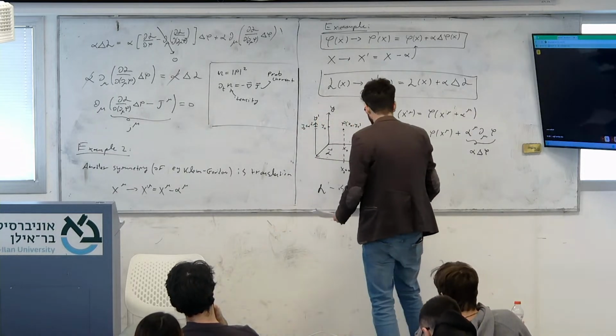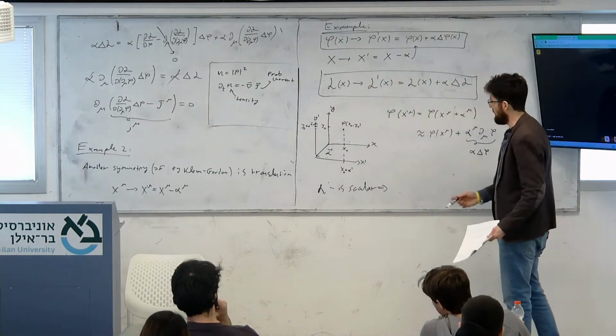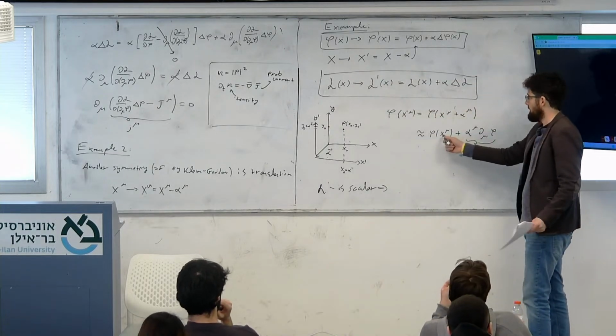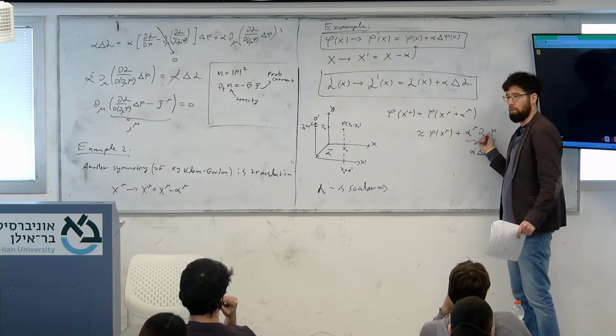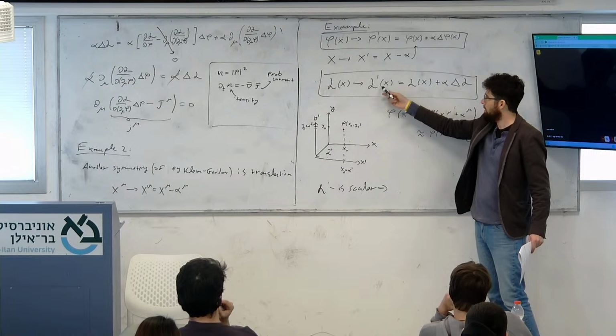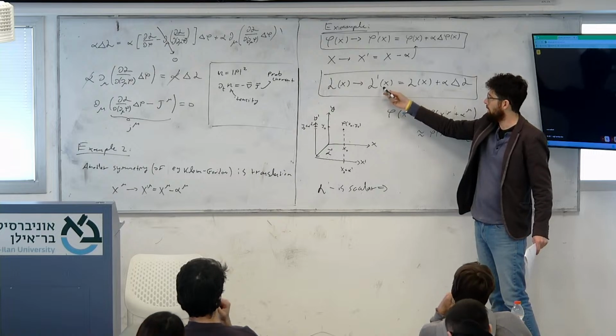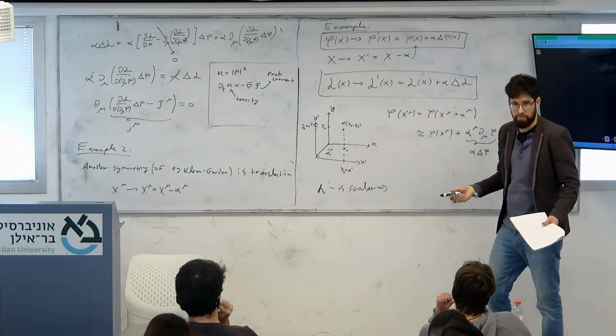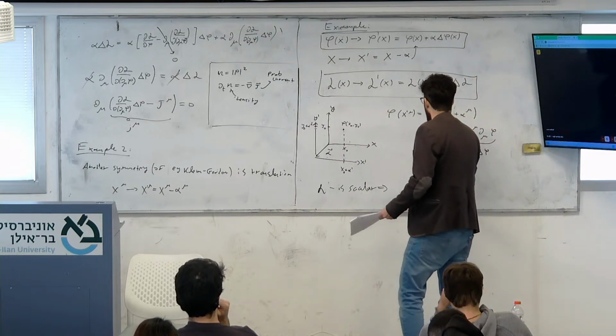And therefore, we know that the only way that L can transform under this is the same way phi transforms. So L, remember that this L is also a function of x. Okay, so we have the same story.